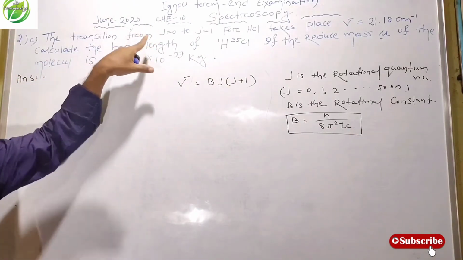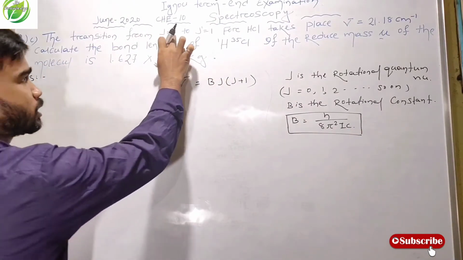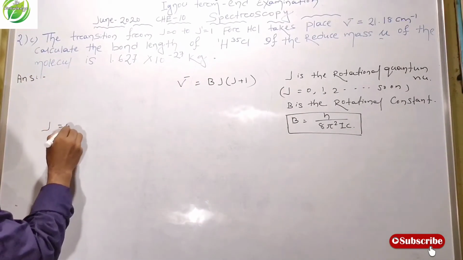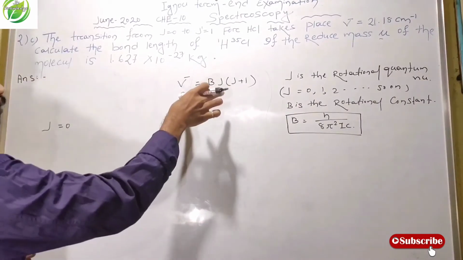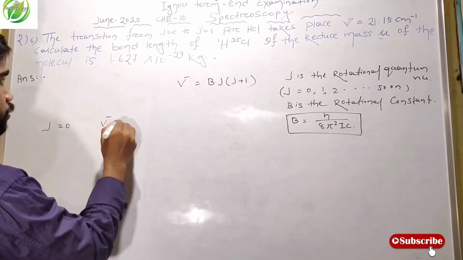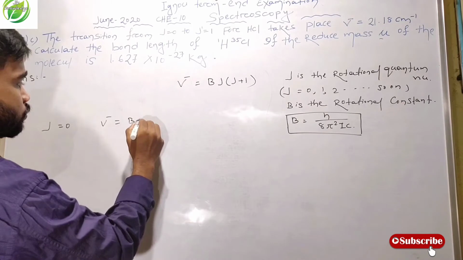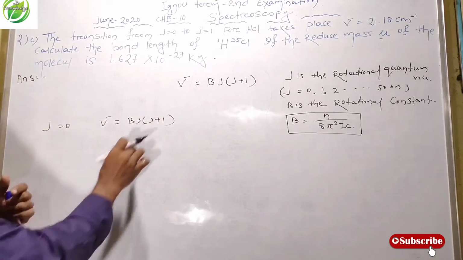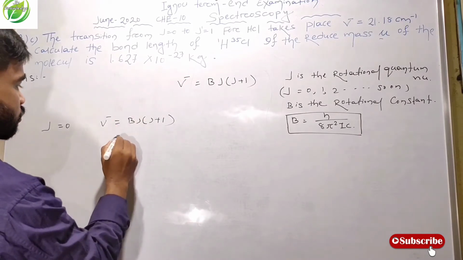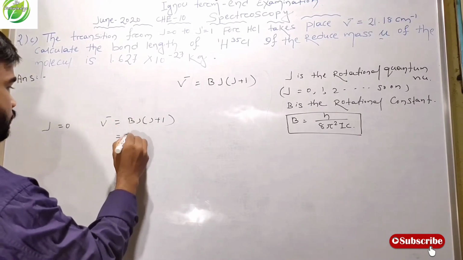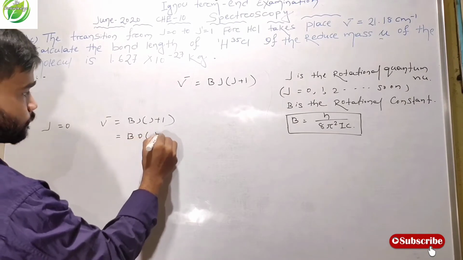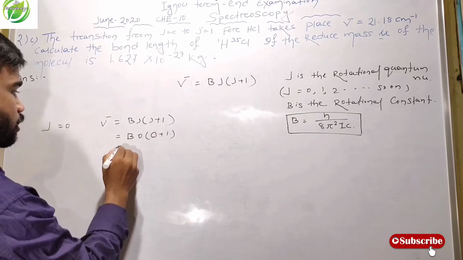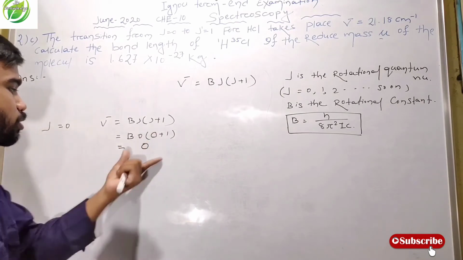Friends, according to this question, the transition is from J=0 to J=1. For J equal to 0, the equation of energy is E = BJ(J+1). We put 0 in J, and we get the answer 0.